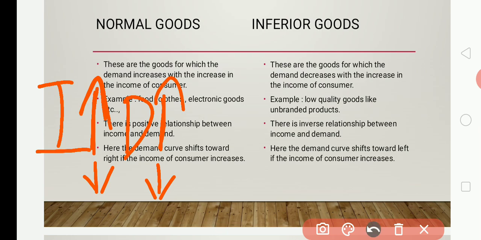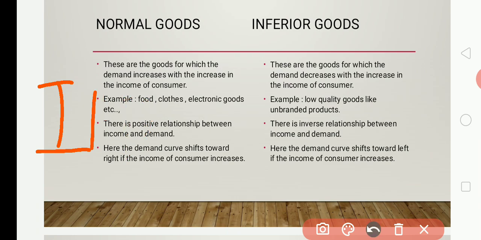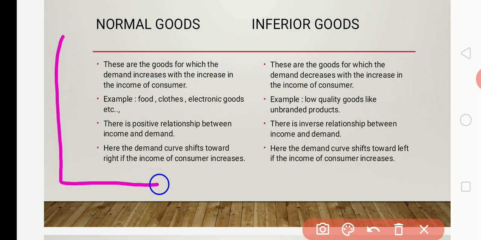The next one tells that the demand curve shifts towards the right if the income of a consumer increases. Usually the demand curve slopes downward from left to right. This is the original demand curve.